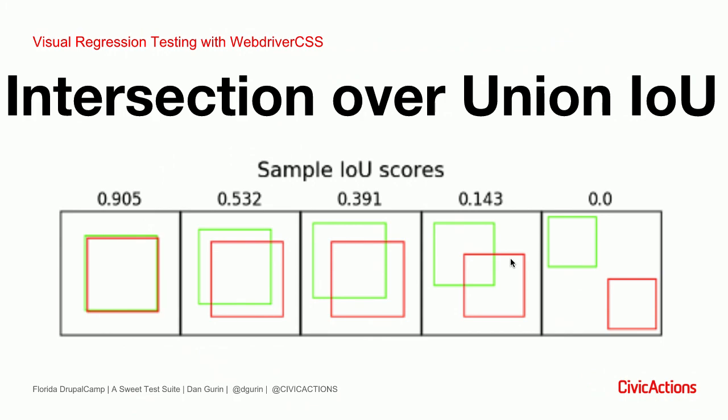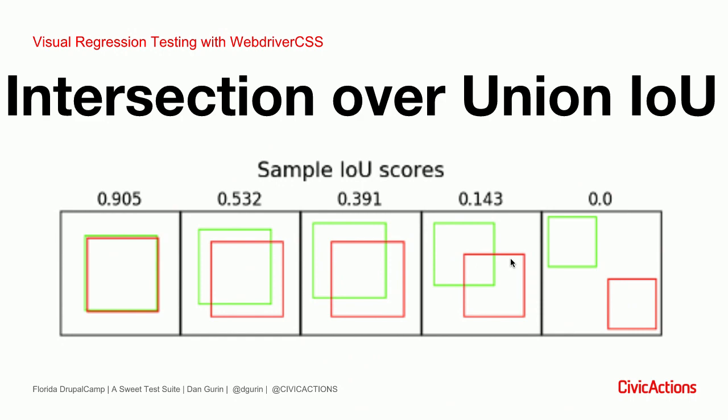How this works is the intersection over union, IOU, and it's a number between 1 and 0, 1 being the same and 0 being not the same.